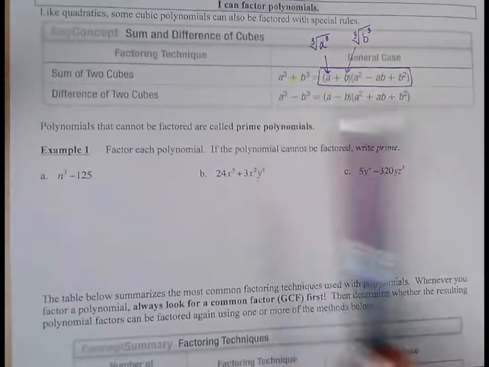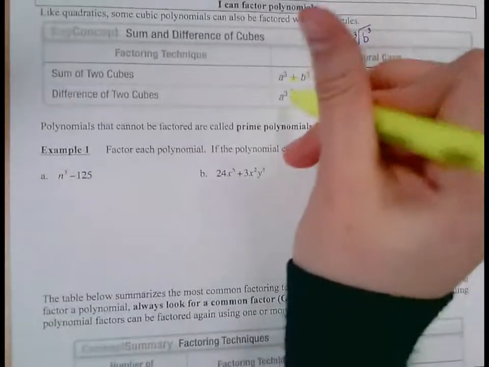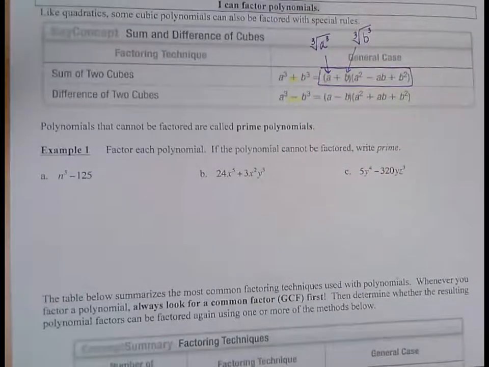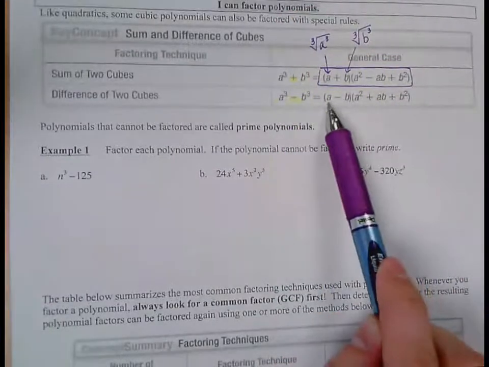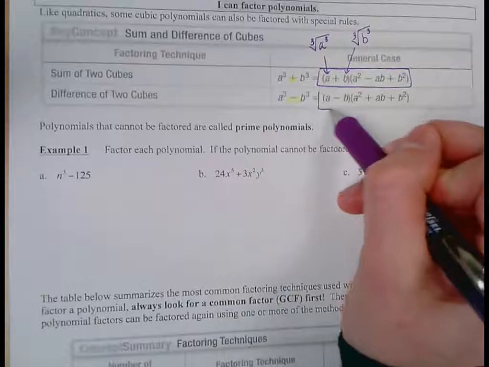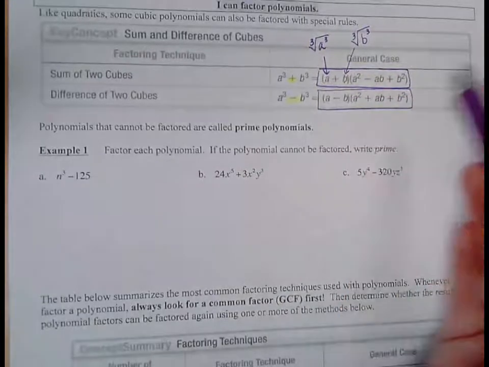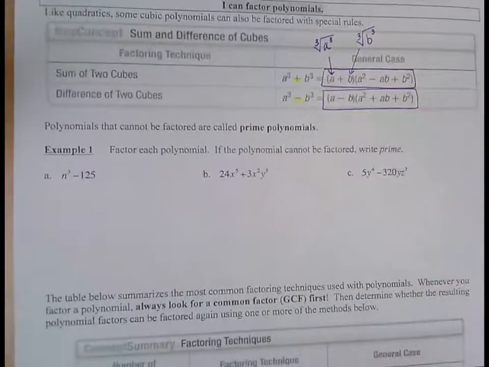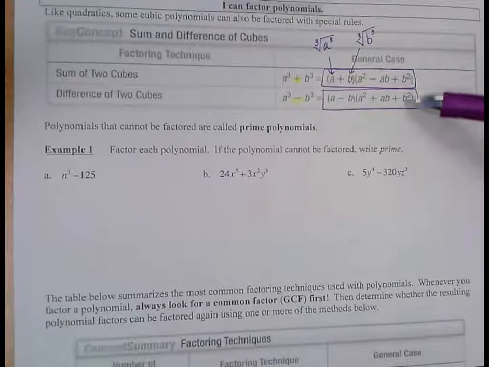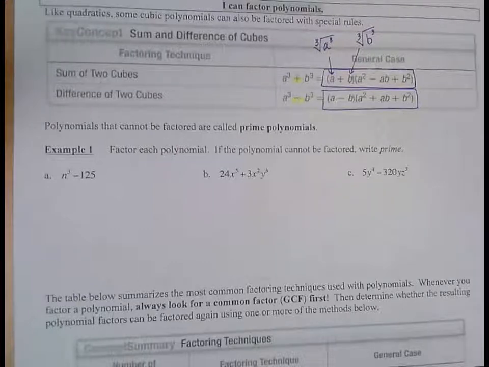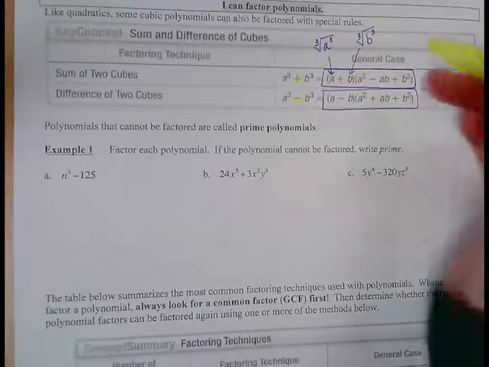So then for the second one, if it's a difference, you're still finding the cube root of both terms, but then it's a minus b times a squared plus ab plus b squared. So even though I'm giving these to you, I want to point out the main difference between the formulas. Each formula has one subtraction sign, and the difference is where it is.